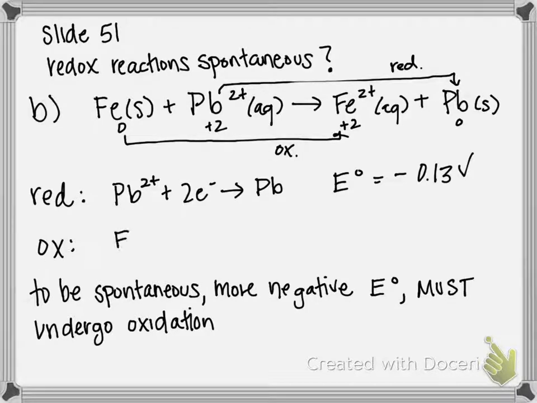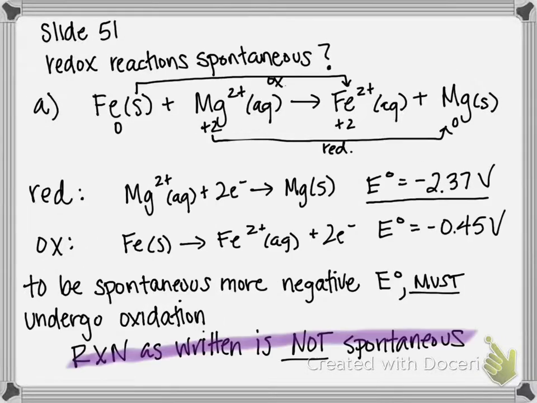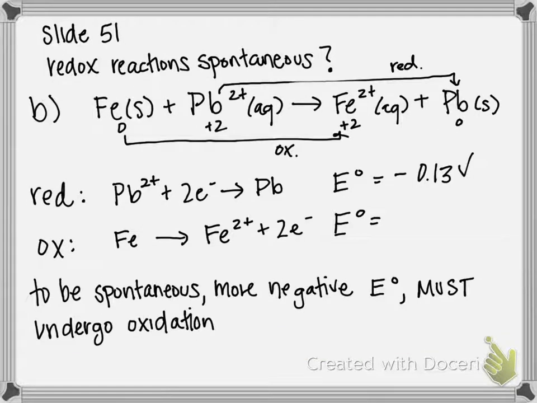And for iron, Fe forming Fe2+ plus 2 electrons, its standard electrode potential is the same as previous, negative 0.45, sorry. So remember our rule: to be spontaneous, the more negative electrode potential has to be the half reaction undergoing oxidation. So in this case, our more negative is our 0.45 volts, and this is undergoing oxidation.